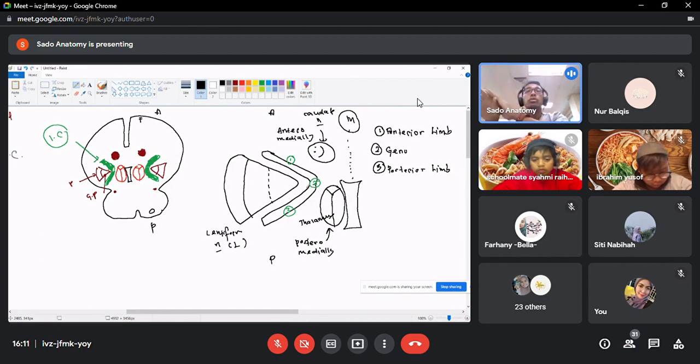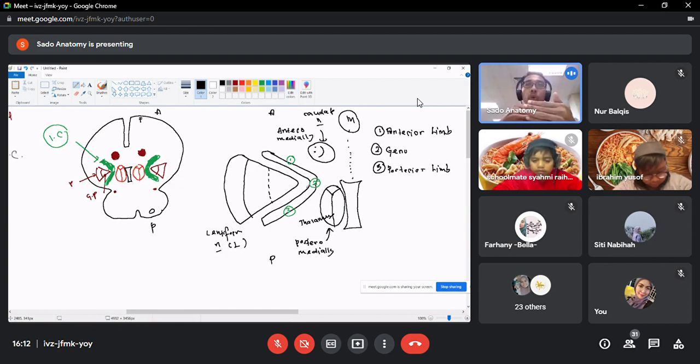But after this, the most important thing about the internal capsule is the connection between your internal capsule and your brain and also the rest of your central nervous system. So far, any questions, class? Clear?